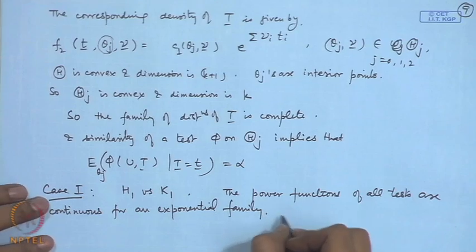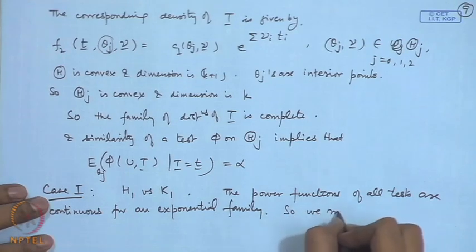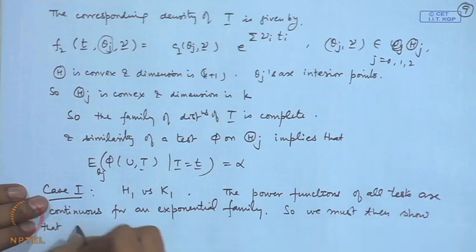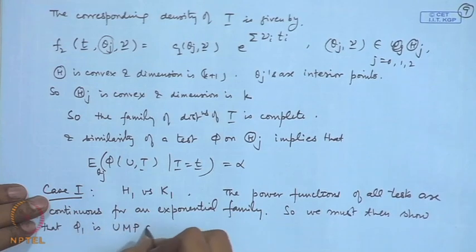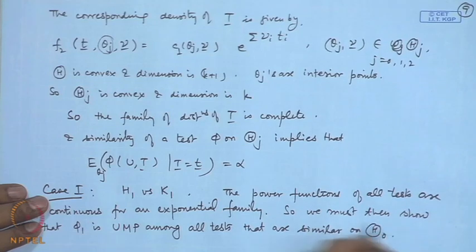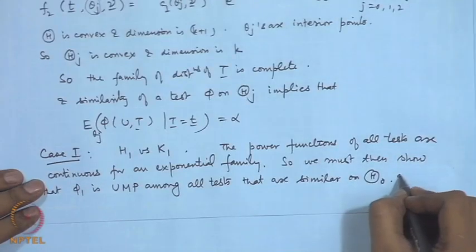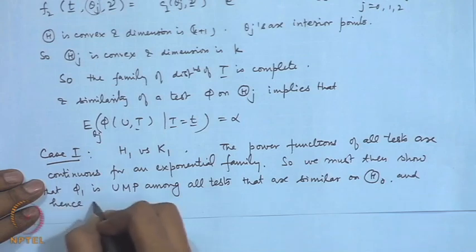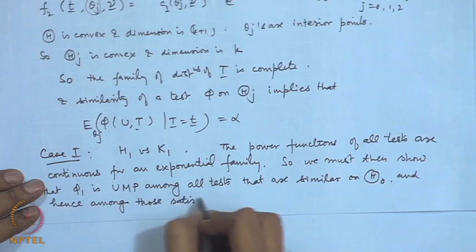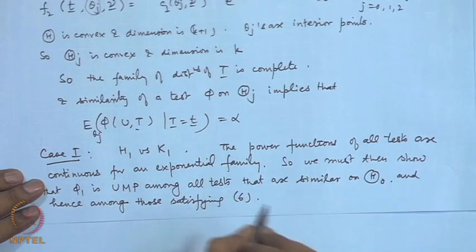We must then show that phi 1 is UMP among all tests that are similar on theta naught, and hence among those which are satisfying condition 6.